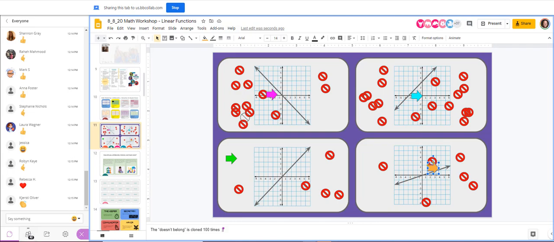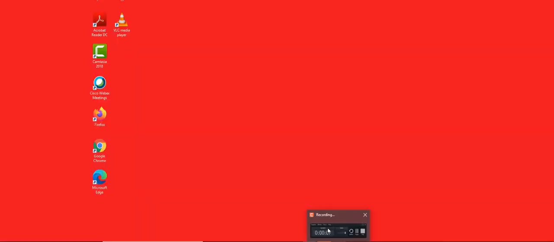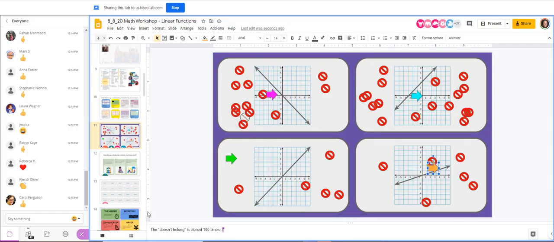And Rochelle, tell us, which one do you think doesn't belong? Oh, or maybe you just lowered your hand. If you want to tell us, go ahead and interrupt me. Otherwise, Jessica, you're up next. Which one did you say doesn't belong? I also chose the blue one because the intercept was not 0, the Y-intercept.